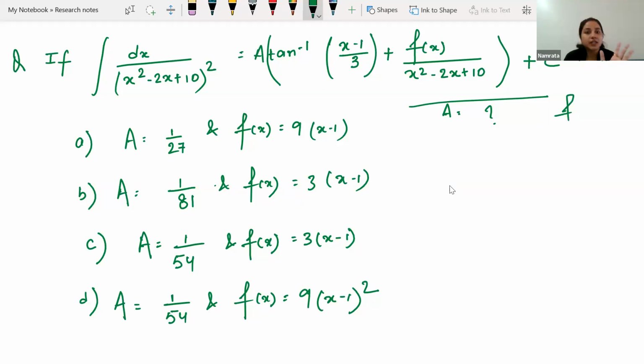So we have to solve the integration given on the left hand side, and we will arrange it according to the given right hand side, and then we will say what exactly is the value of a and what exactly is the value of b. Let's solve it.